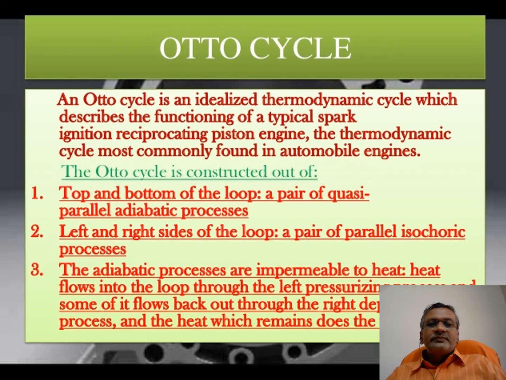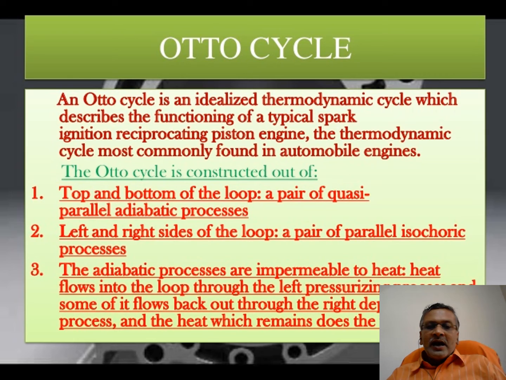The Otto cycle is an ideal thermodynamic cycle which describes the functioning of a typical spark ignition reciprocating piston engine, the thermodynamic cycle most commonly used in the automobile industry. The top and bottom of the loop are a pair of quasi-parallel adiabatic processes. The left and right sides of the loop are a pair of parallel isochoric processes.